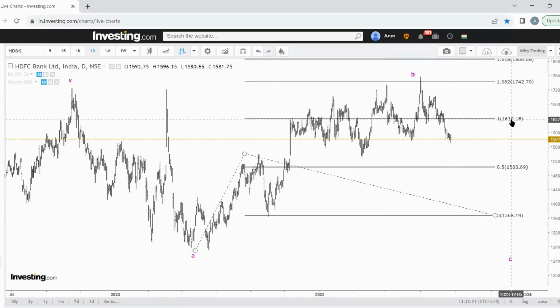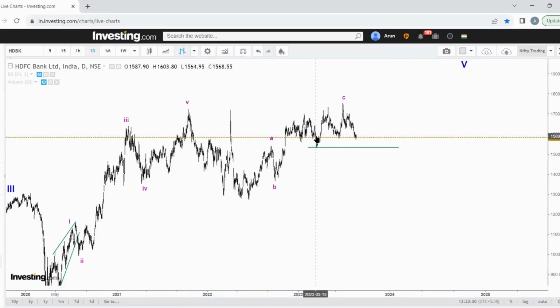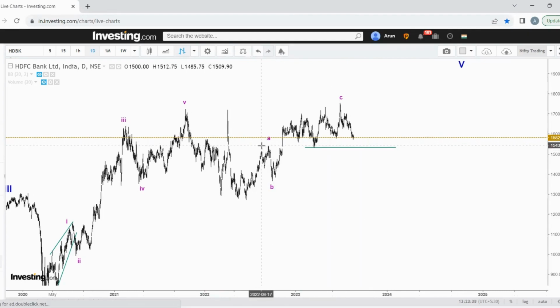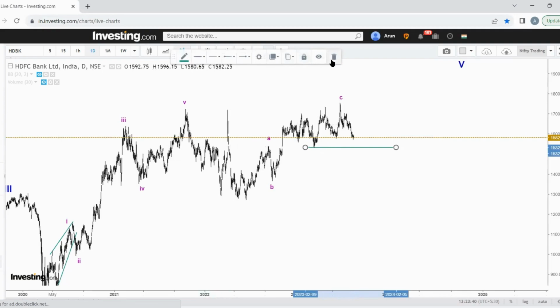C is 1.382 times of wave A. So yes, we have this option now. Let's see if the price trades below this level, that is 1530, take it as 1500, that is below wave 1. See, one more point.